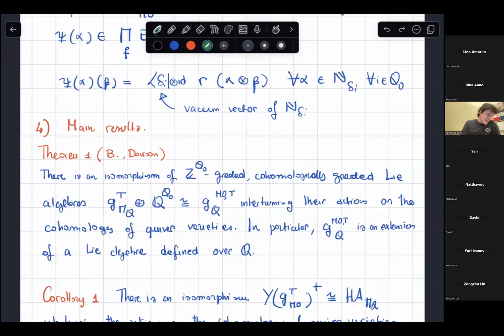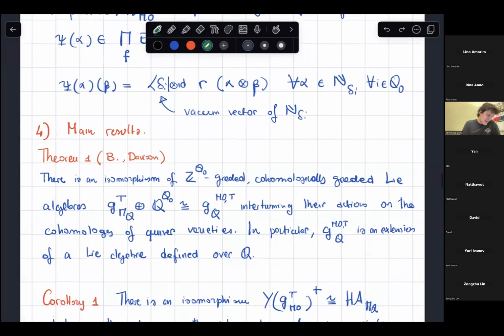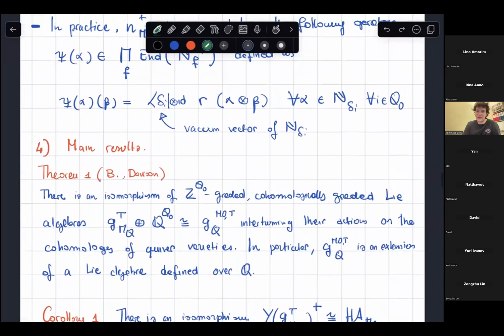And in particular, it follows that the Maulik-Okounkov Lie algebra is an extension of a Lie algebra defined over Q. As I said before, in the theory of Maulik-Okounkov, the torus T cannot be chosen to be trivial.